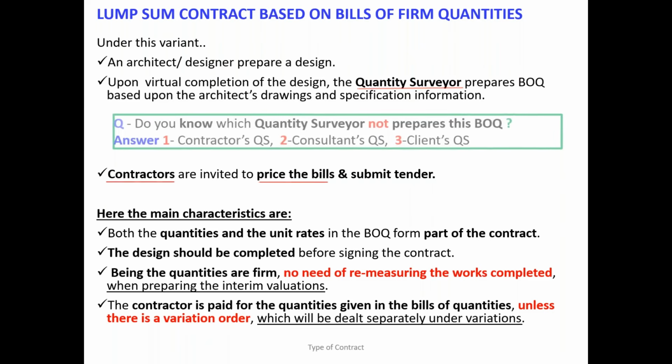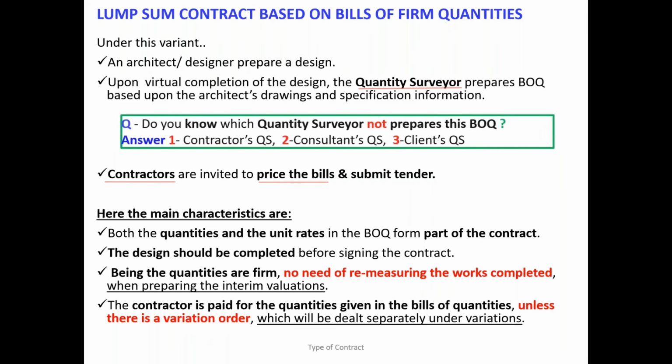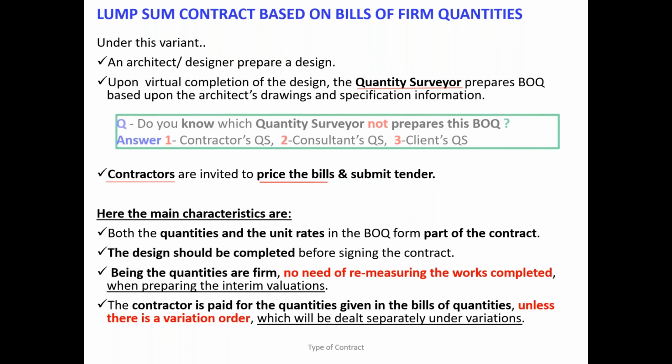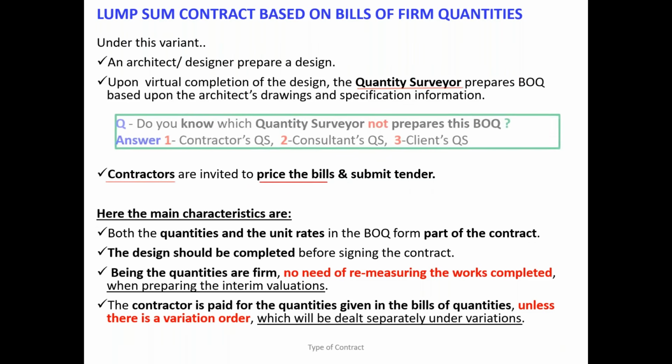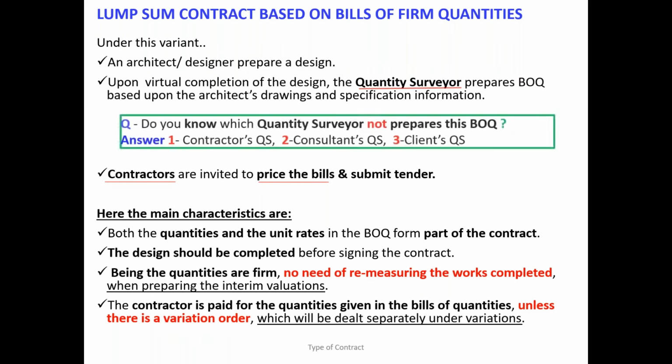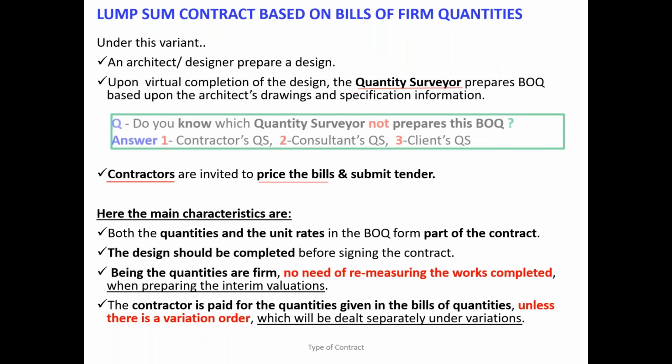You see this very carefully: we understood the scope of work must be very well defined in order to go for this particular lump sum contract. Otherwise you cannot do any scope of work under the lump sum contract if you do not have your complete drawing or specification.